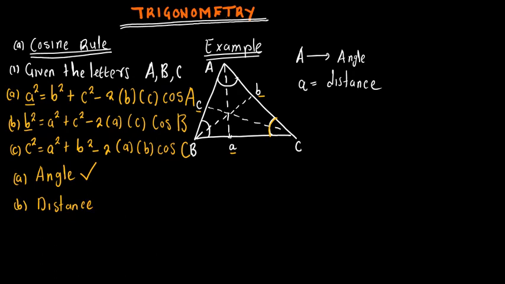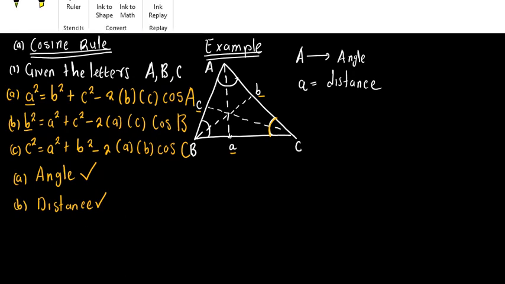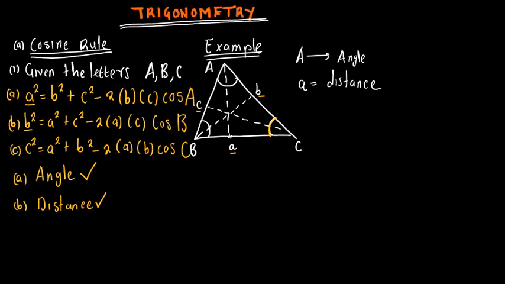You can calculate this and just any other thing. Let me just wrap the board and give an example. We now apply these formulas and see how we are going to be able to use them.